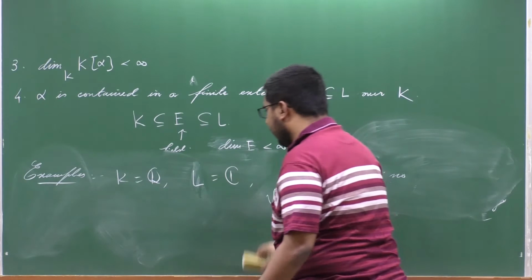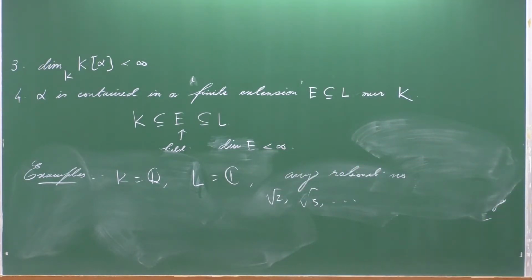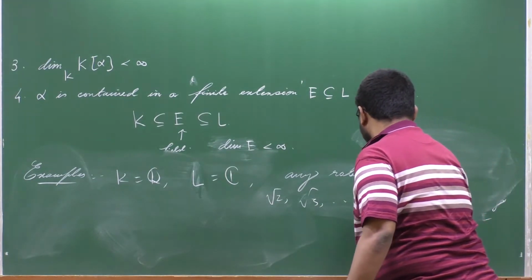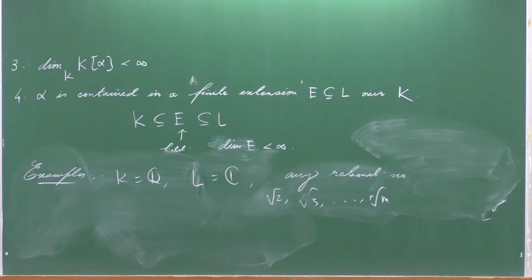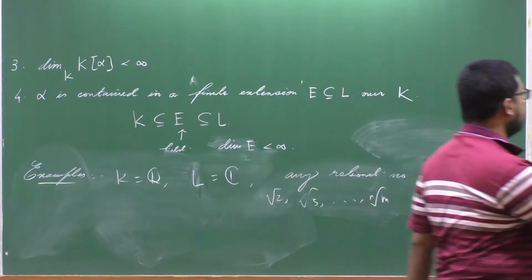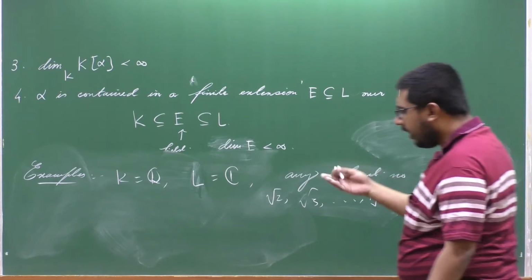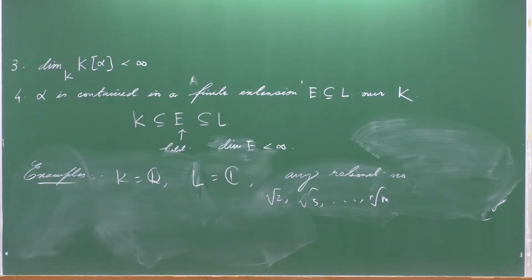In fact, at this point the following is a very interesting observation which I may leave to you as an exercise. Whatever we have mentioned so far, many of them are already seen to be algebraic integers. So the question here is, in an extension of Q, if we take an algebraic integer, is it going to be an algebraic number?